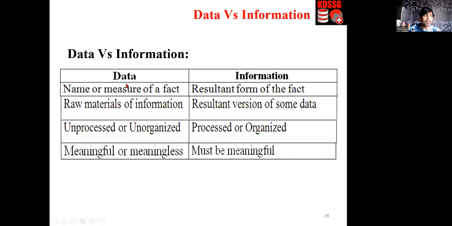So first of all, data. Data means raw facts. Data is fact. There's an employee called Akshay Lokande. Akshay is the employee. Obviously, every employee will have employee number, employee name, salary, date of birth, date of joining, address.